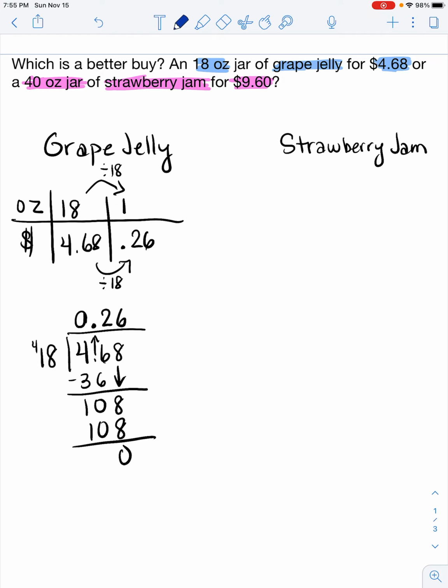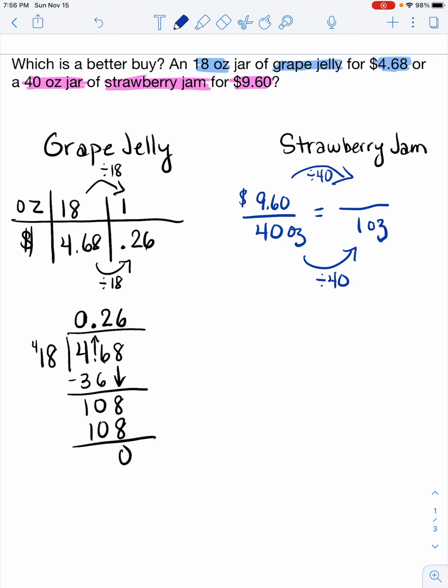We have $9.60 for 40 ounces, and we want to set up the proportion, ounces, and we want for 1 ounce. Okay, and my arrow, I have to divide by 40, and same thing up here, divide by 40. Here we go, long division again.